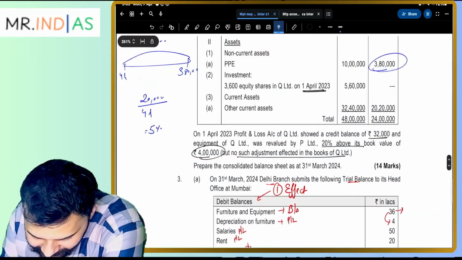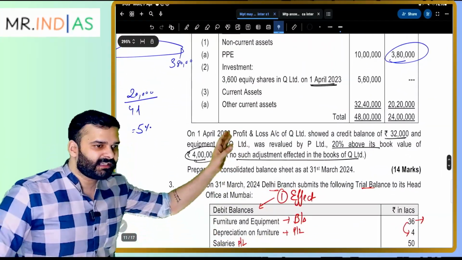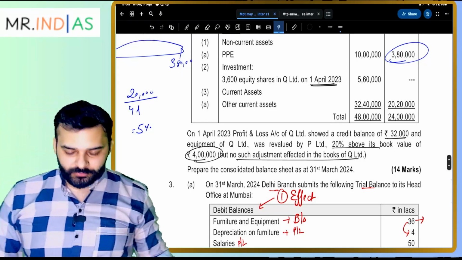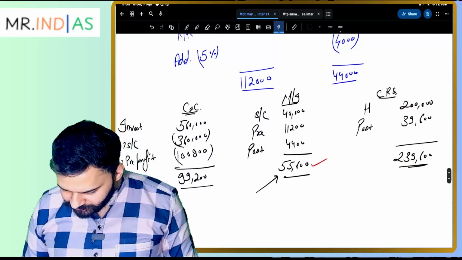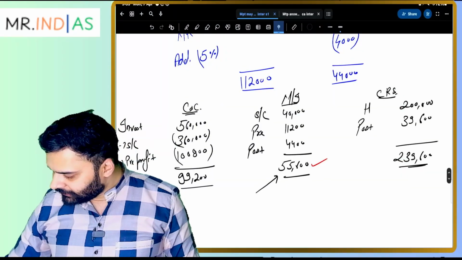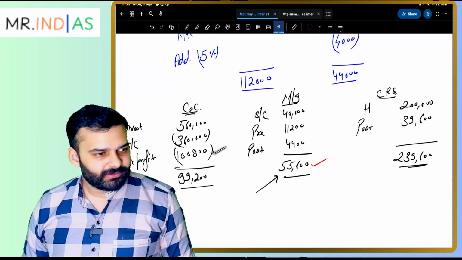No, sorry, my bad, it is 3,600 actually here. Then 90% would be your stake. Since 90% would be your stake, 1,12,000 into 0.9 is 1,00,800.